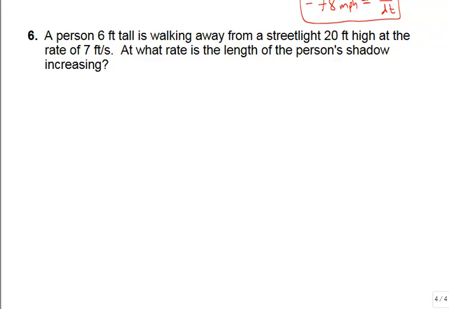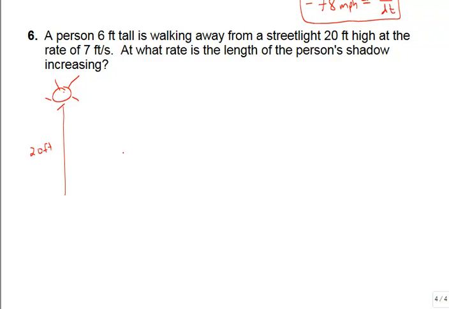In this one we have a person 6 feet tall walking away from a street light 20 feet high at the rate of 7 feet per second. At what rate is the length of the person's shadow increasing? So definitely you want to draw a picture here. We have this 20-foot high street light. So this is 20 feet tall.